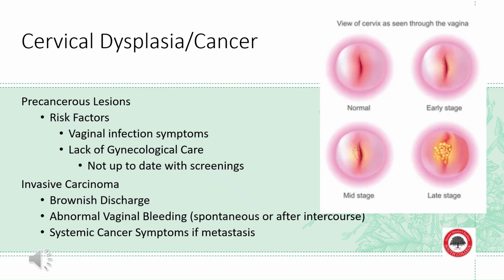Females with invasive carcinoma may describe a brownish discharge or a history of abnormal vaginal bleeding occurring spontaneously or after intercourse. Female patients with a history of postcoital bleeding or irregular vaginal bleeding that cannot be explained should be referred to a gynecologist for further evaluation.